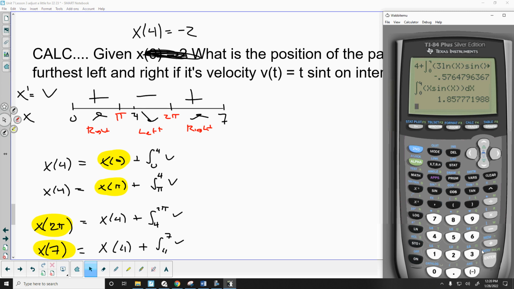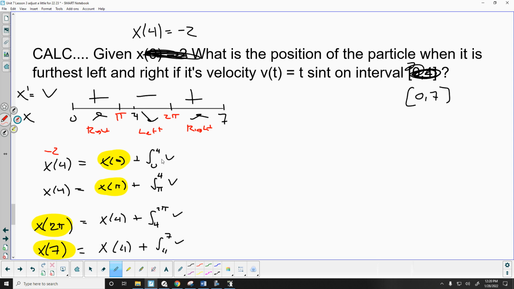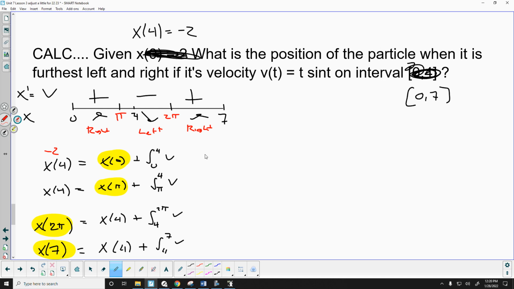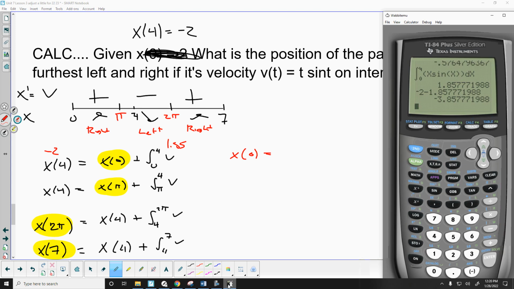I get that. What do I have to do? Subtract that from negative 2. Negative 3.85.